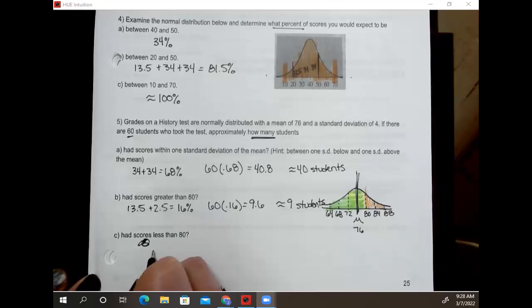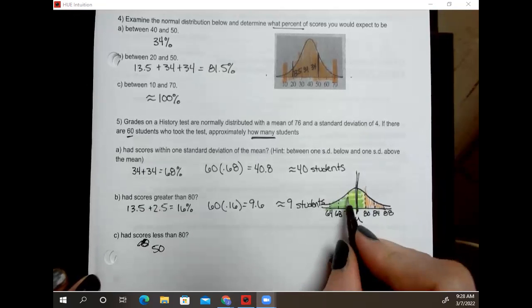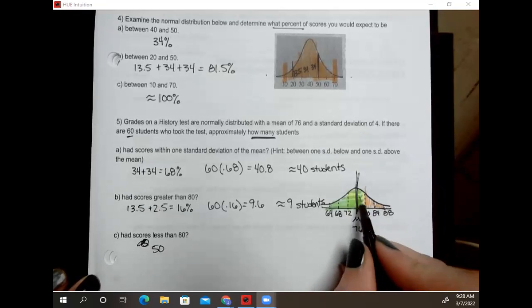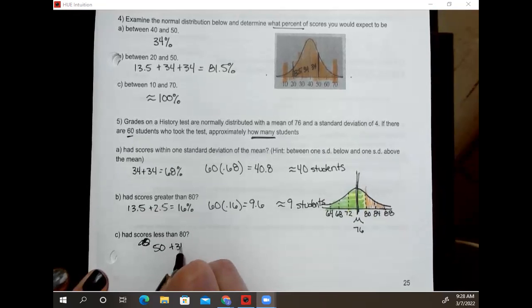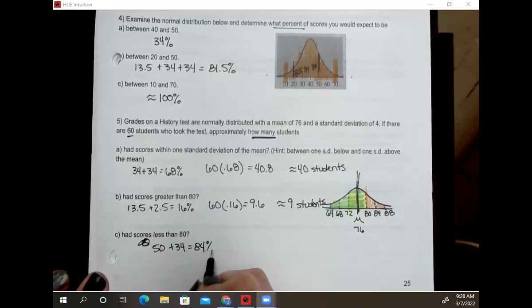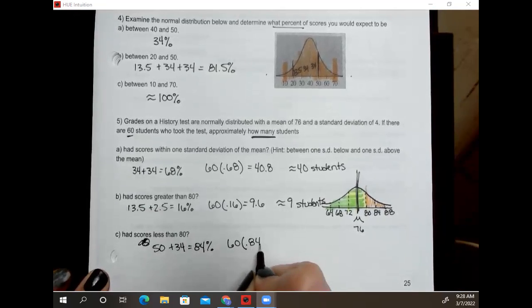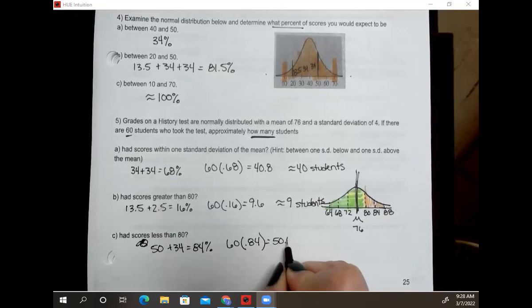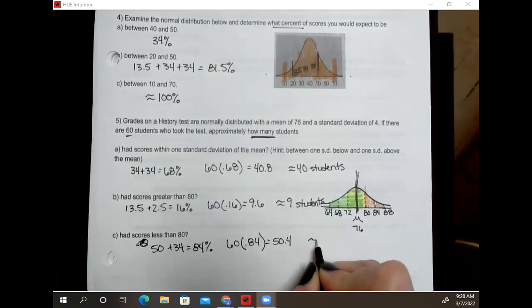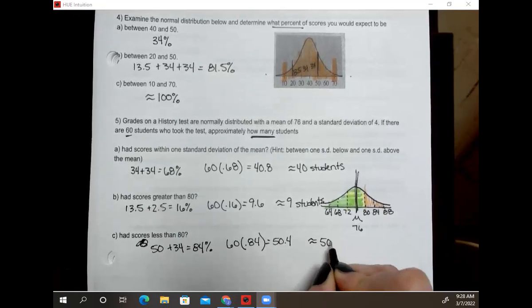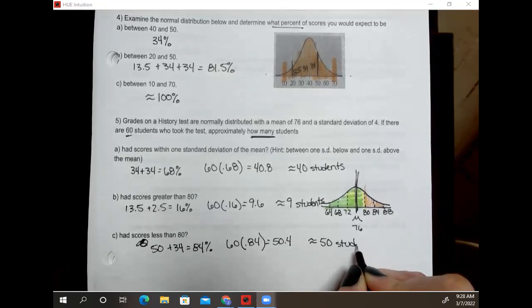And then this part's 34. So 50 plus 34 gives me 84%. So I'm going to find 84% of 60. That gives me 50.4. So approximately 50 students.